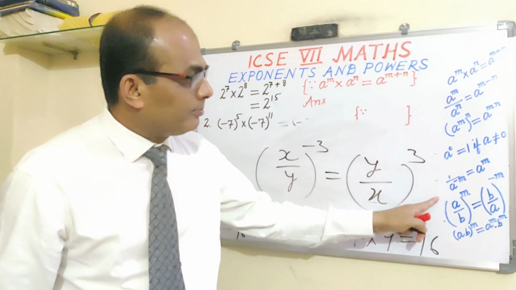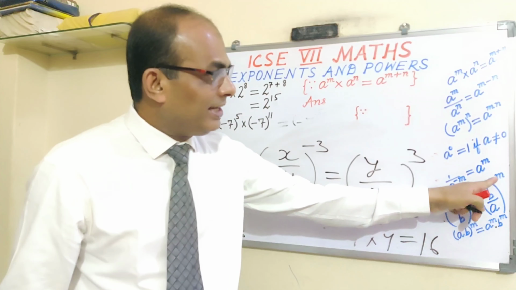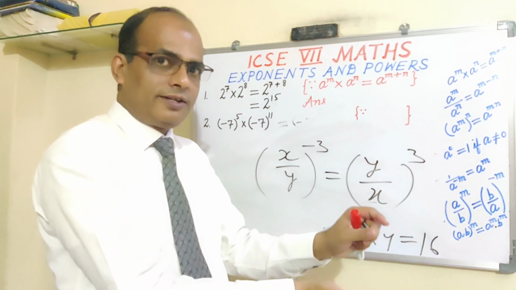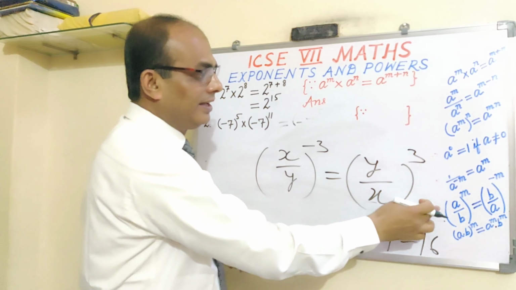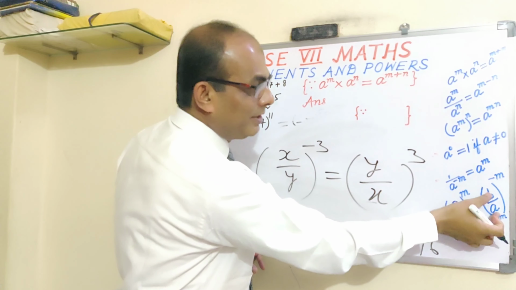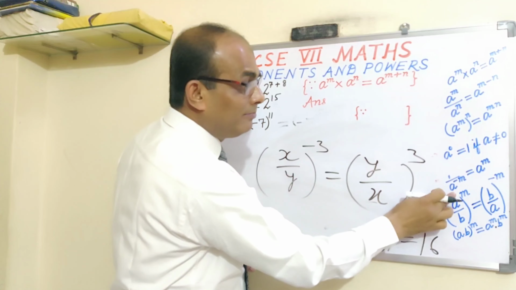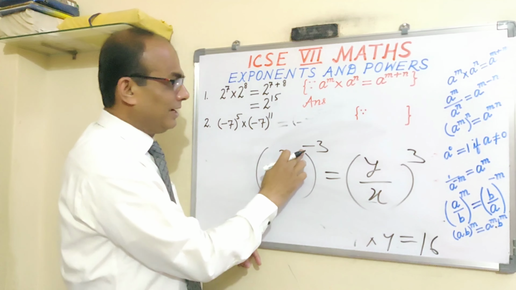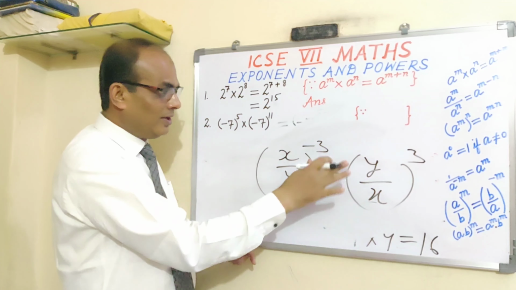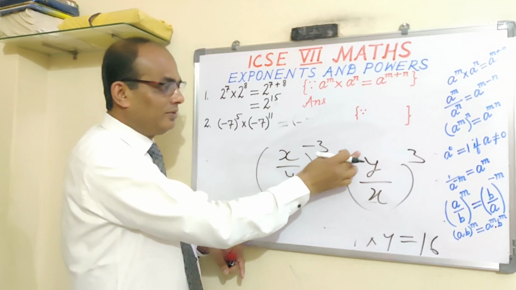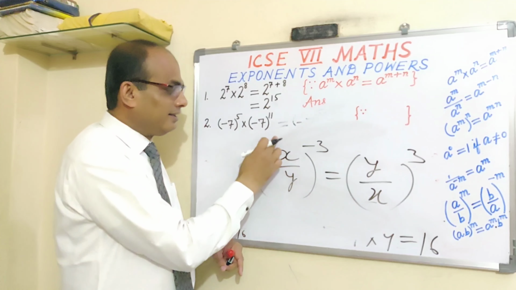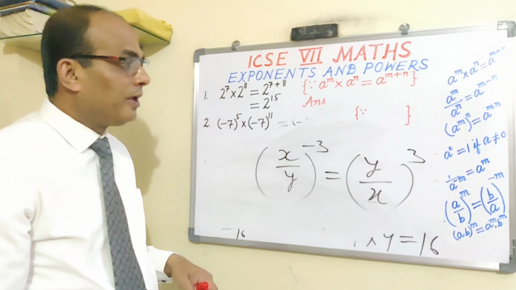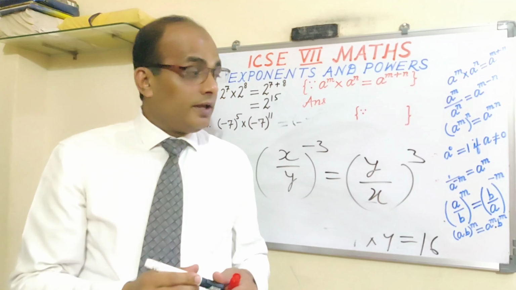See this, a upon b to the power m becomes b upon a to the power minus m. That means when you invert, when you write a upon b as b upon a, the sign of m changes. So minus 3 is becoming 3 because you changed it. X upon y, now you are writing y upon x. 3 upon 2, you are writing 2 upon 3, like that. Hope the things are clear.